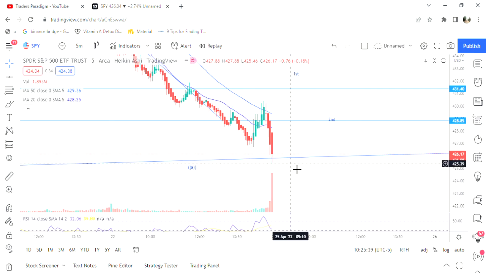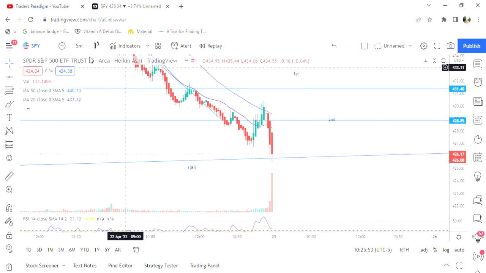So if you have calls and it bounces right here, the only thing I would do is just hold your calls. If we get right here, you've got to look at the structure of this second wave, and if it looks like an ABC structure on the 5-minute time frame, then I would highly consider hedging your calls with some short dated puts.